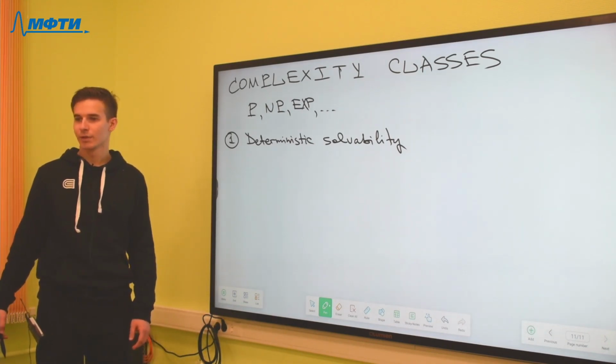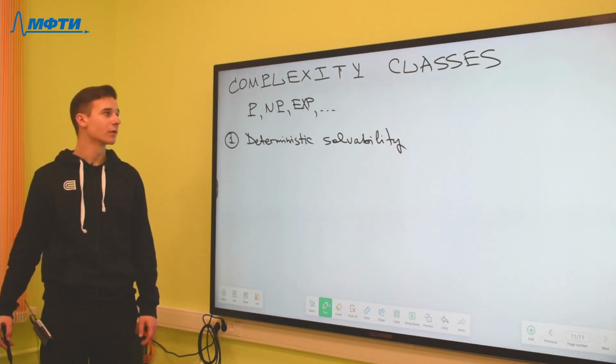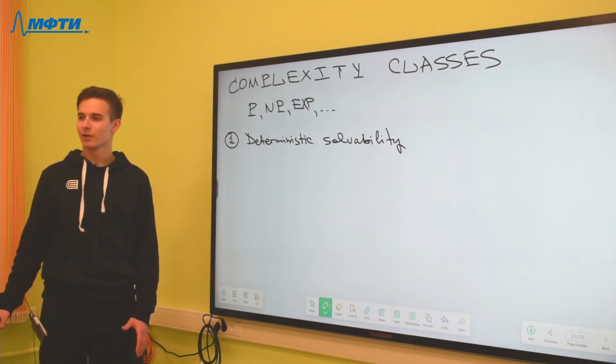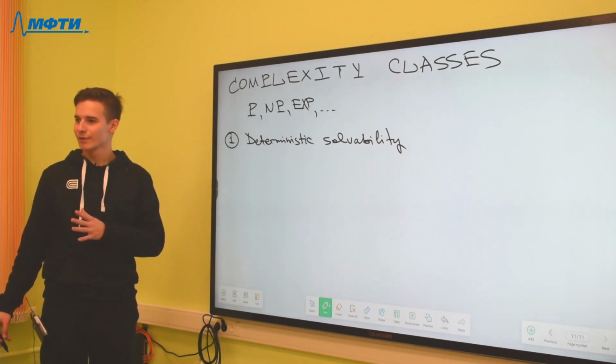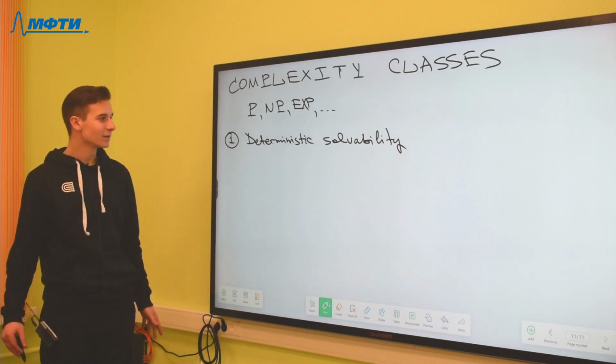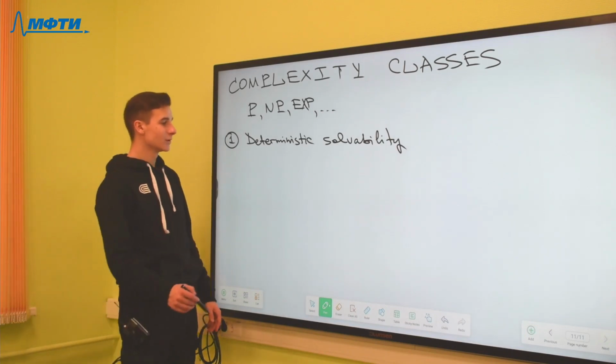Yeah, because we don't have infinite resources to solve any problems. We have only some computers, some mathematicians, and we need to solve it.